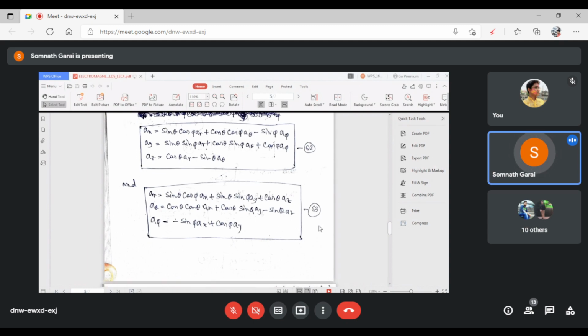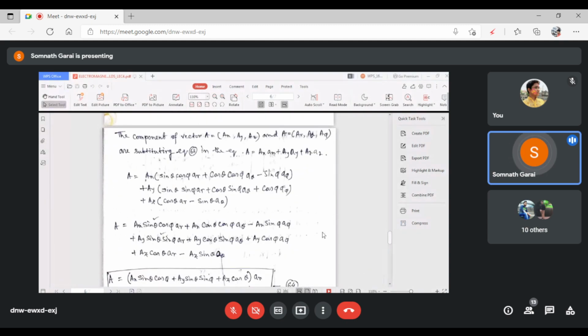Okay. Now next is the component vector relation and matrix format. Through this matrix form, we can analyze numerical problems. Now, if the magnitude components of any vector in Cartesian coordinate are capital Ax in the x direction, capital Ay in the y direction, and capital Az in the z direction, right?